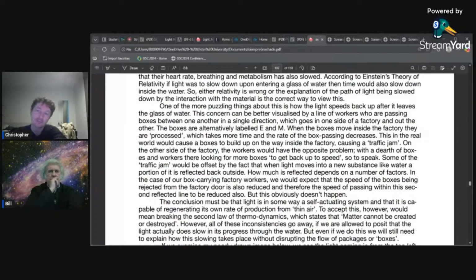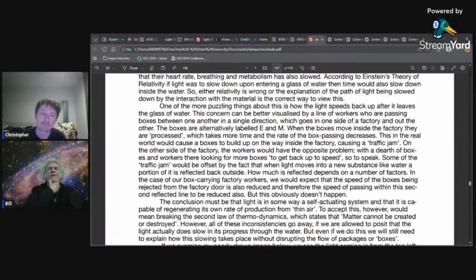When the boxes move inside the factory, they're processed, which takes more time than it would to pass one box to another person inside the factory. It's going to slow down, obviously. And so, in the real world, this would cause the boxes to pile up on the way inside the factory, causing a traffic jam. That might be an effect we should expect to see with the light if it's slowing down as it goes in.